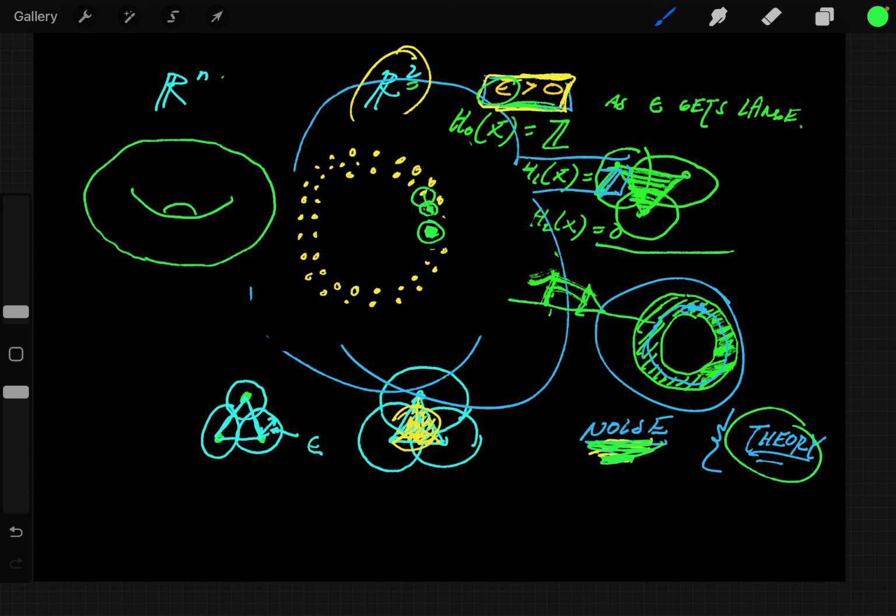So maybe at this point, the data structure looks like a torus. But again, that's only if we are able to remove a massive amount of noise at the very fine levels. If I superimpose the data set onto a torus, maybe the data points are on the torus around here, whatever.